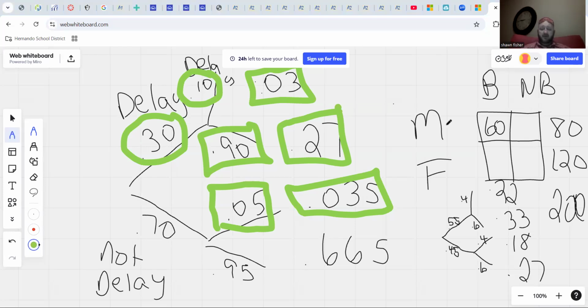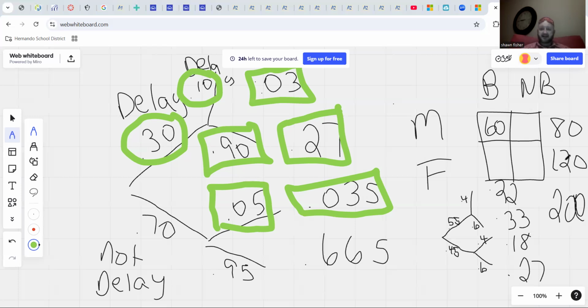You can read the problem, but it says out of 80 people surveyed, for guys, 60 of them were brown. We don't know how many were not brown, and we don't know how many females were brown, but we do know the total females, because if 80 were males and I had 200 total participants, that tells me that 120 females were part of the survey.